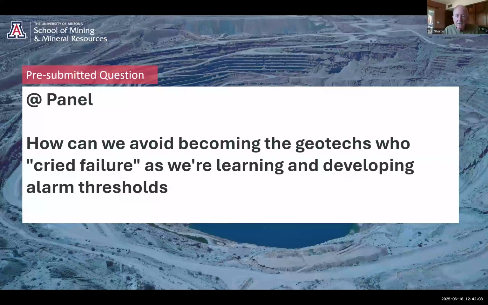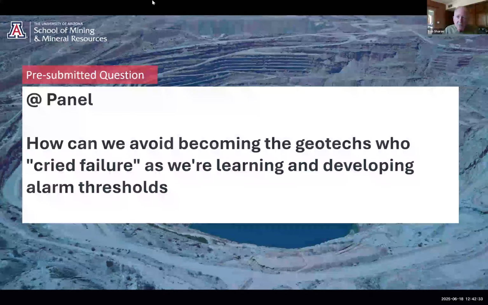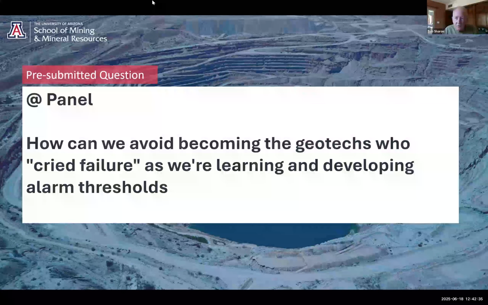I really like all of these comments. I think they're very good. This question or comment about crying wolf, where the slope engineer is responding maybe due to some degree of uncertainty about what's going on with the data, is that he'll act on these alarms and maybe possibly overreact, but you can't be afraid to do it.